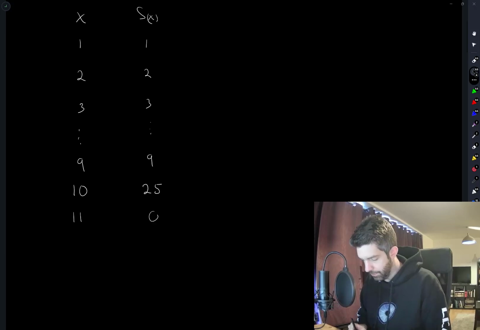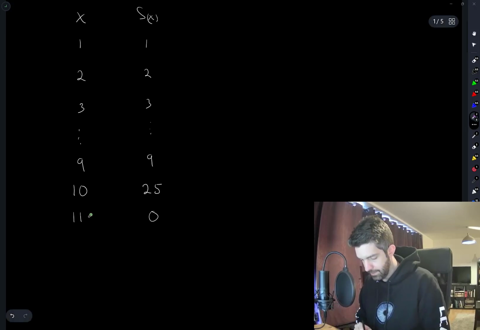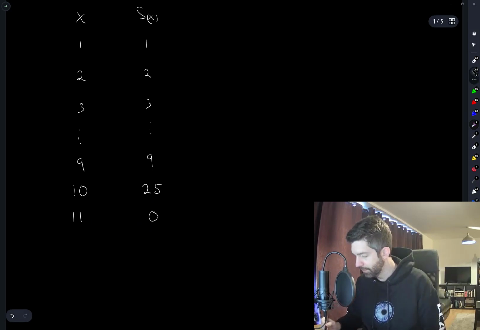For 11, it'll be 0. For any number which is prime, but at least 2 digits, the answer is going to be 0. And in fact, for any multiple of a prime, if the prime is at least 2 digits, s of x will be equal to 0.